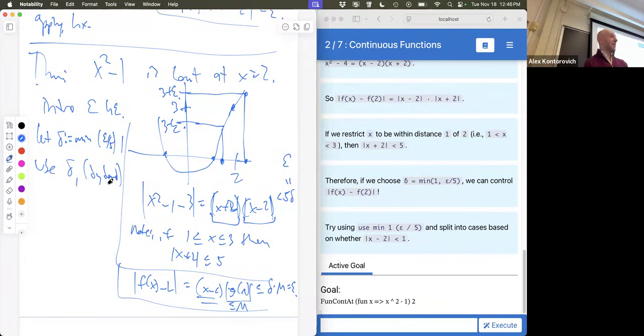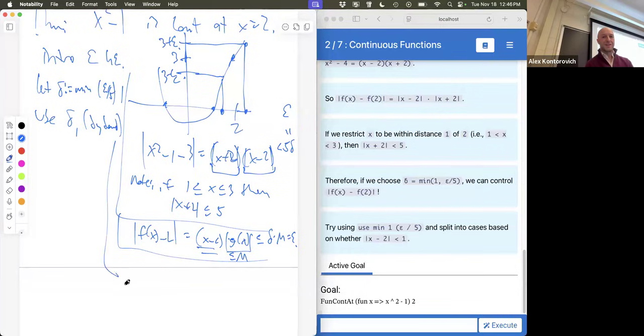So that'll prove the positivity of delta. And now we have to show for all x. So now the goal says for all x, if absolute value of x minus c is less than delta, then we have to show that absolute value of f of x minus f of c is less than epsilon.